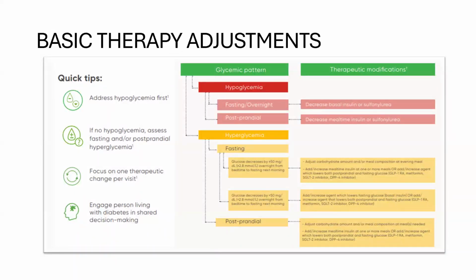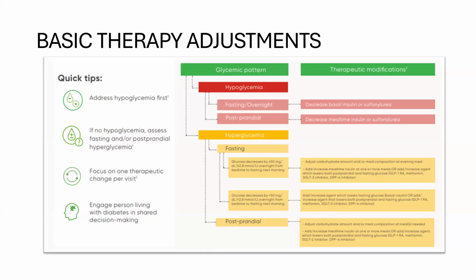That covers, I think, most of the cases you end up having your CGM patients for. And I say most because it's not true of all; people in the audience know there are plenty of exceptions to that rule. But again, we're just talking generalities today. Fasting overnight, look at decreasing the basal or sulfonylurea. Very, very simple, very logical.